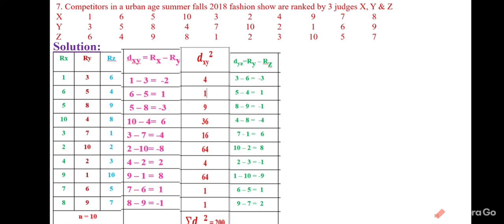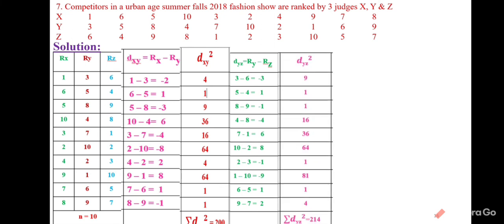Then the squares: 9, 1, 1, 16, 36, 64, 1, 81, 1, 4. Sum of dyz square: 9 plus 1 plus 1 plus 16 plus 36 plus 64 plus 1 plus 81 plus 1 plus 4. Total is 214.